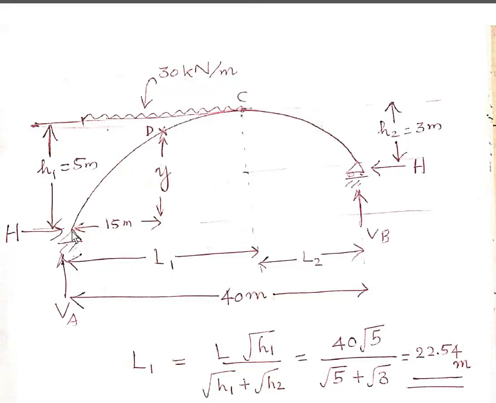In that also two unknowns were there, but we had already changed one unknown in terms of the other one, so we could easily convert the equation to a single unknown equation. So in that we could calculate the unknown, and using that we could calculate h and Va.